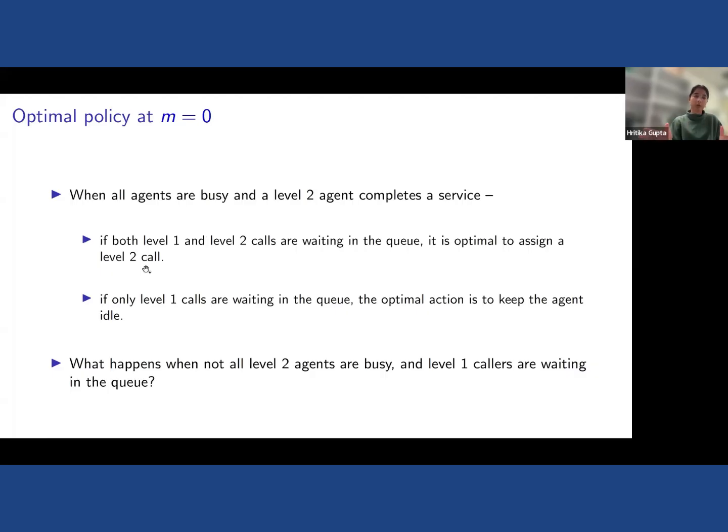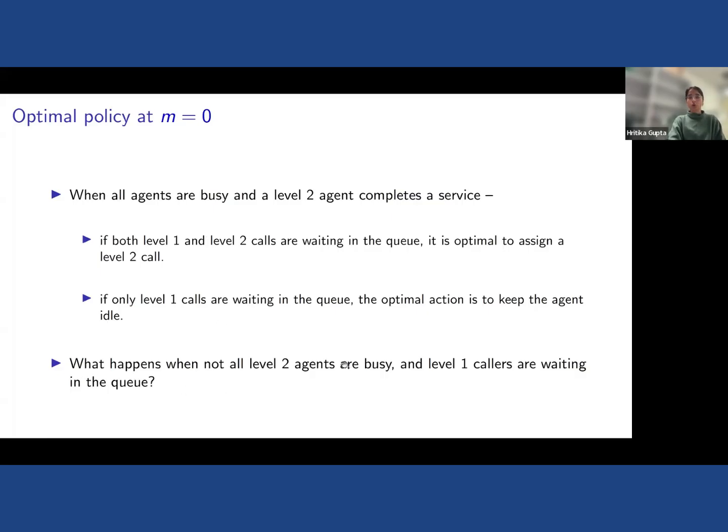So if both of them are waiting, we give priority to the level 2 call. If only level 1 calls are waiting in the queue, the optimal action is to keep the agent idle. So if one agent just got free, we are not going to assign this level 1 call to that agent. We're going to keep them reserved for a future level 2 arrival.